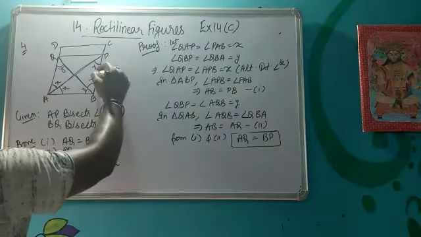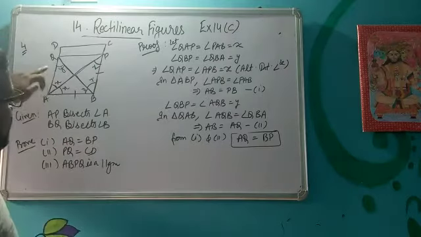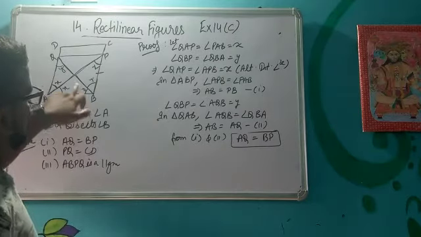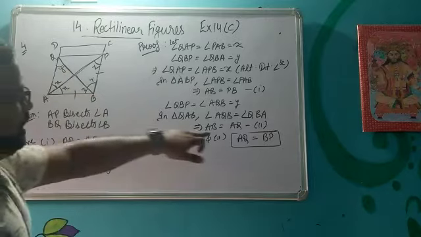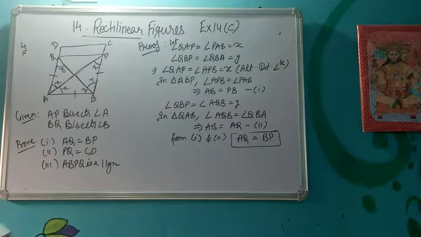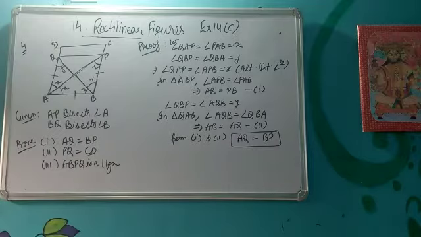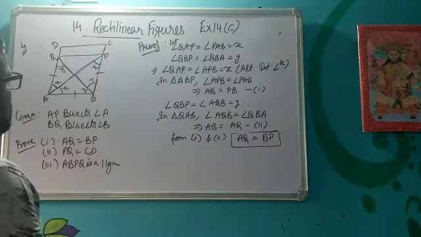So these two sides are equal to each other by isosceles triangle property. Similarly, in triangle QAB, again this is Y. So AB equal to AQ by isosceles triangle property. So from 1 and 2, we can say that AQ equal to BP. Now next we have to prove that PQ equal to CD.